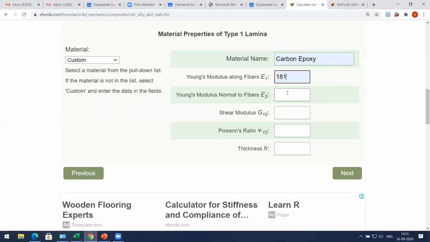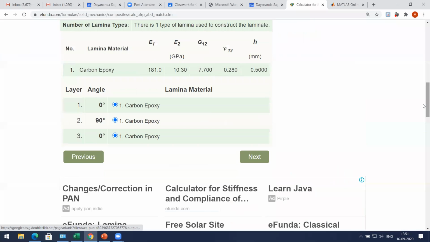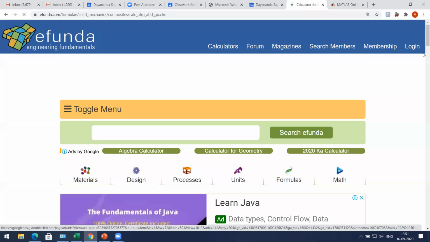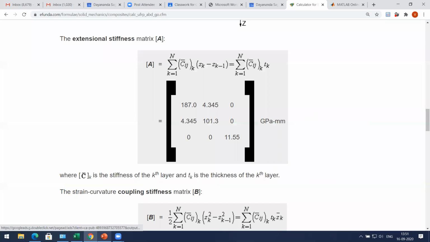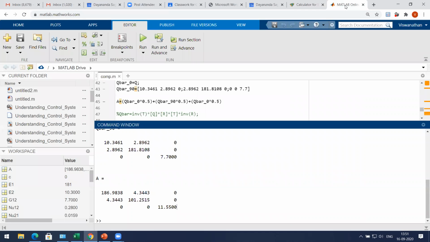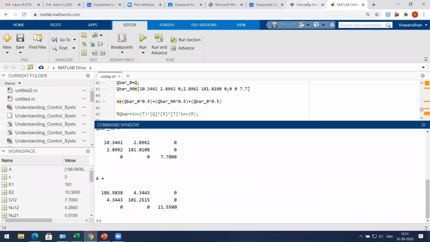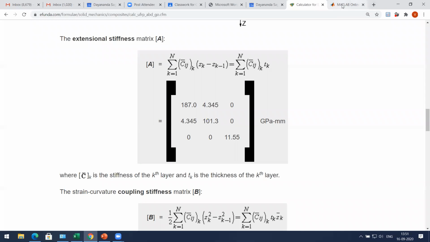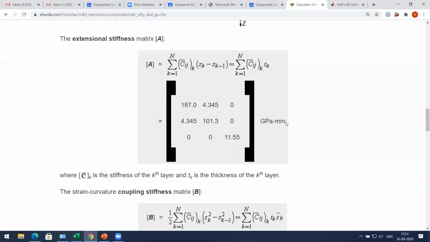E1 is 181, E2 I gave as 10.3, 7.7, 0.28, thickness 0.5 mm. Here it is 187, here it is 186.98, just rounded off. 4.345, 101.3, 11.55.